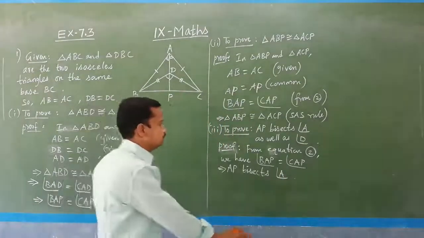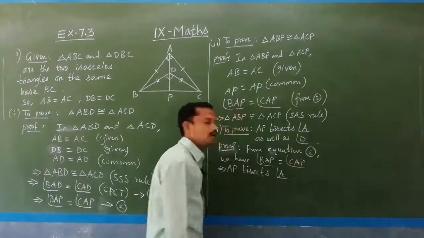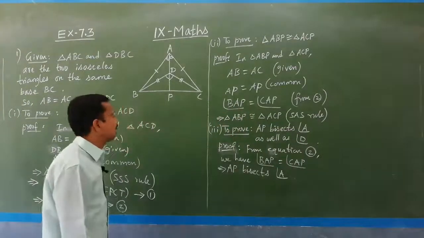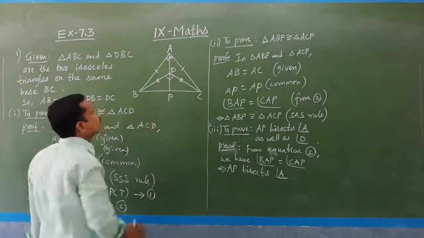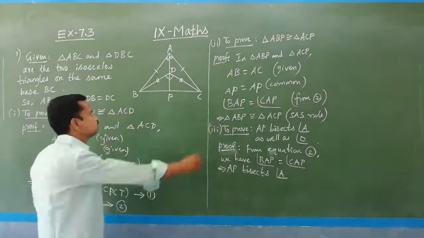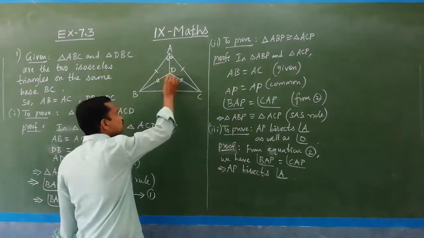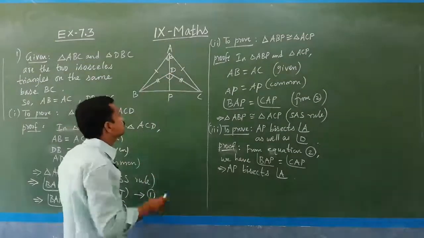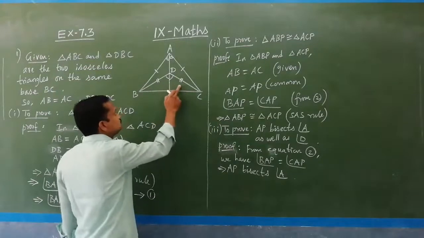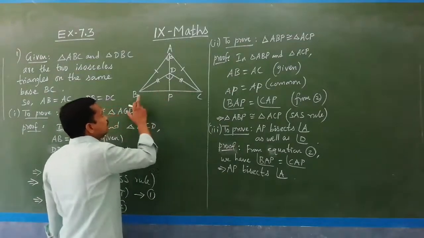And now again we have to say AP bisects angle D also. For that we have to take which ones? These two triangles are congruent, we have to say, because here only you have to say these two angles are equal, then only you can say AP bisects angle D also. What are they?